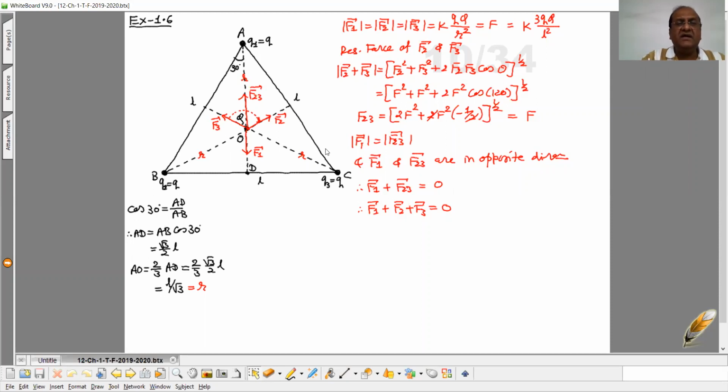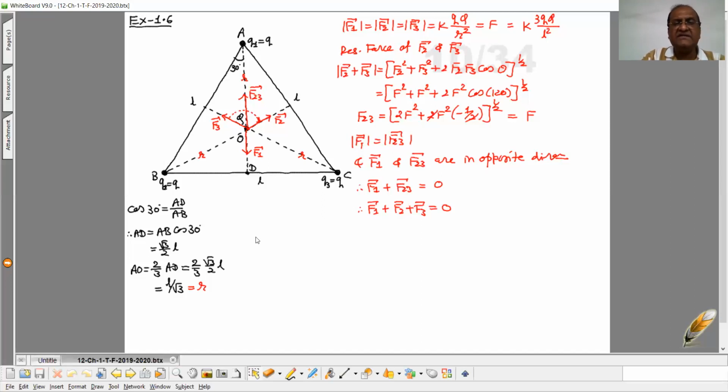This one is the equilateral triangle with side L. At these vertices A, B, and C, charge small q is placed. Say these charges are Q1, Q2, Q3, and all these are equal: q, q, q. Then at the centroid, capital Q charge is placed. Now we want to find the resultant force acting on this capital Q charge.